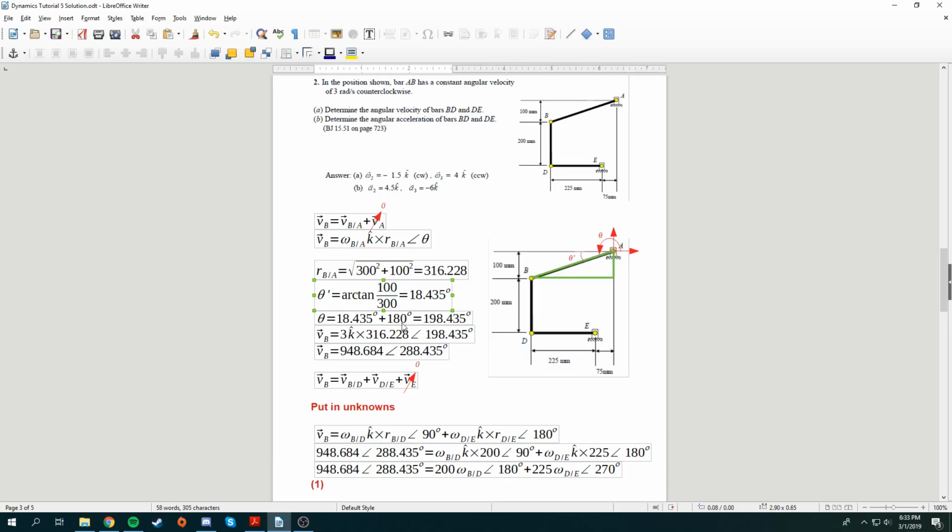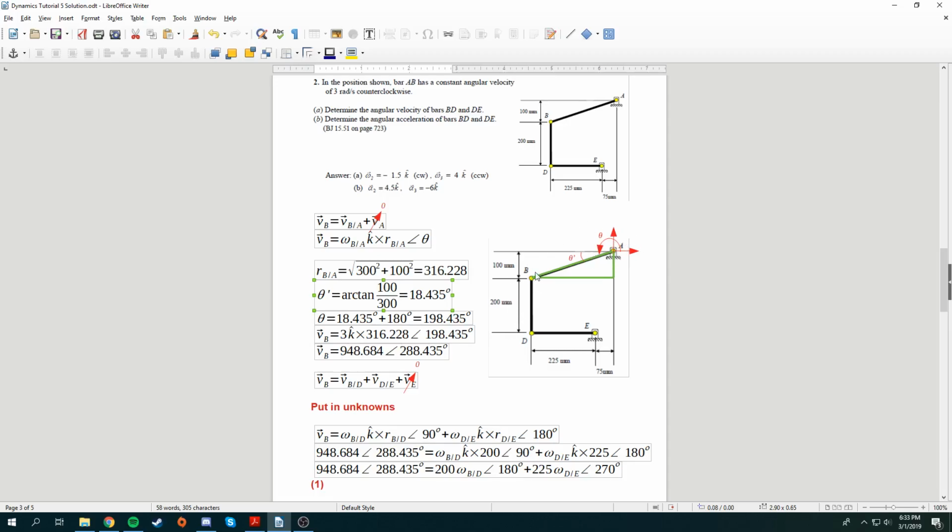Hence, you must add 180 degrees. So that will be 198.435 degrees. So very simply, you got your unknowns, plug it in, and you find out that velocity of B is 948.684 in a 288.435 degrees direction. Okay, so you find out this velocity of B with respect to A.